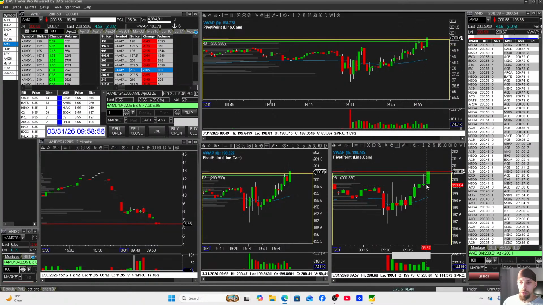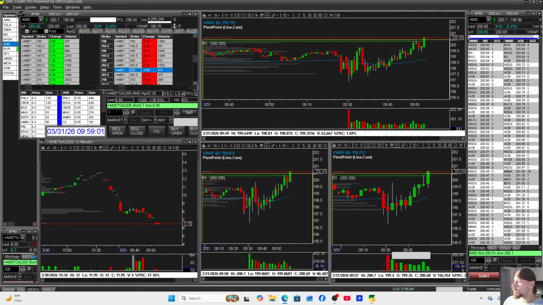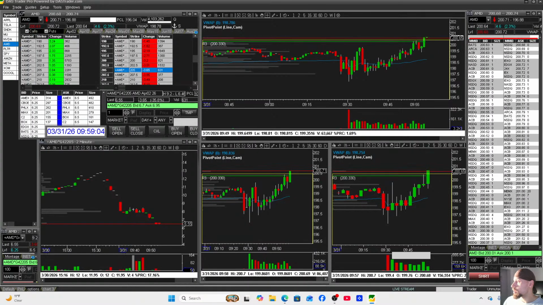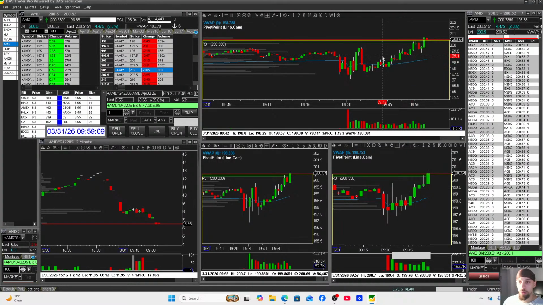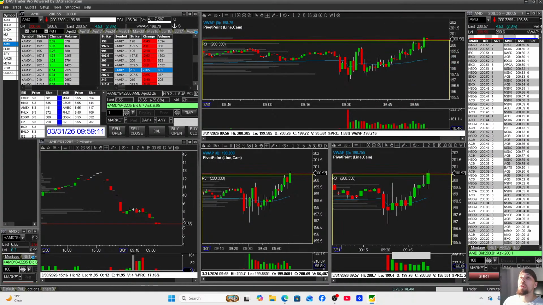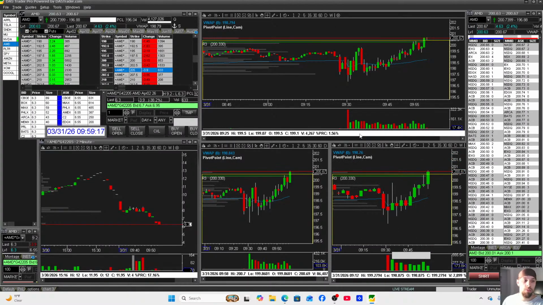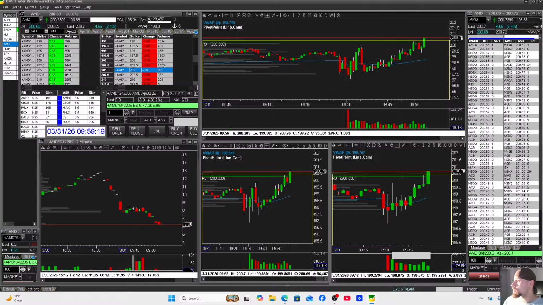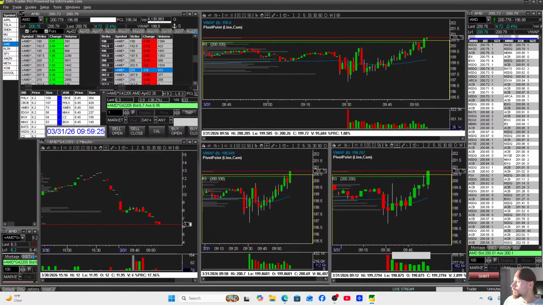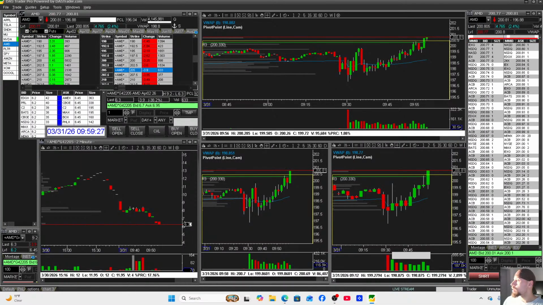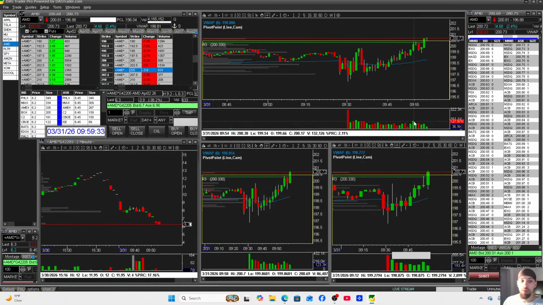It's working its way up. 15-minute candles closing here on AMD, very bullish. 5 minutes looking bullish.